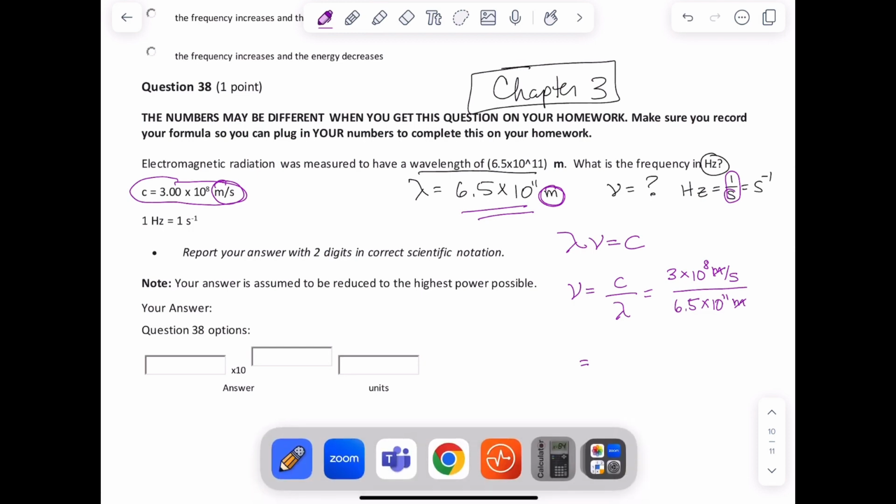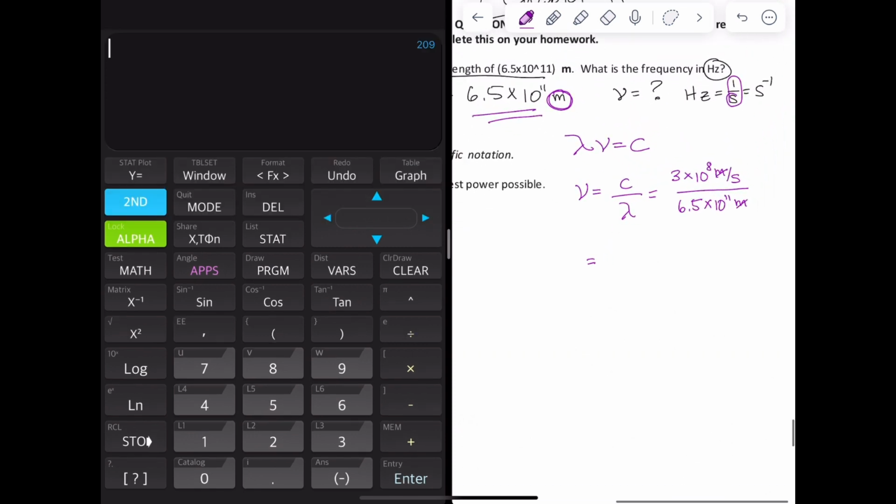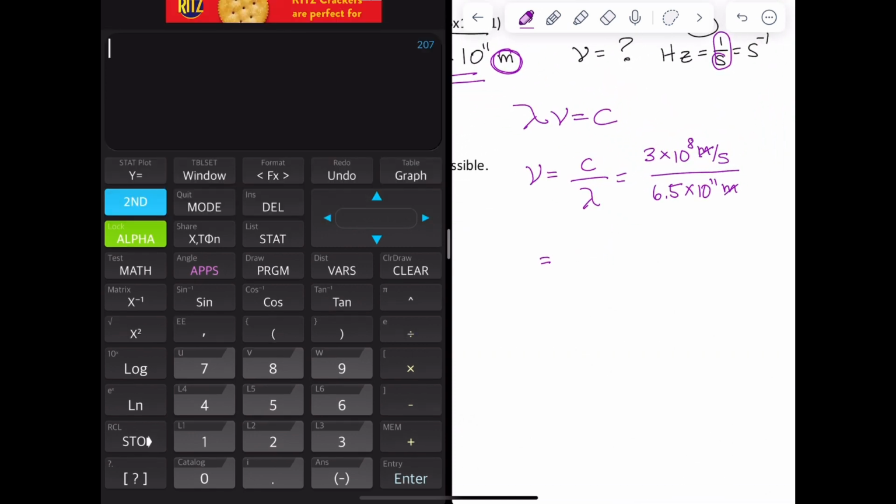I want to plug into my calculator. Yours looks something like this. I want to plug in this formula. I'm going to use scientific notation on my calculator. You may or may not be doing it this way. I'm going to plug in 3, and then I'm going to use my EE button. That is my scientific notation button, and it means times 10 raised to the 8th.